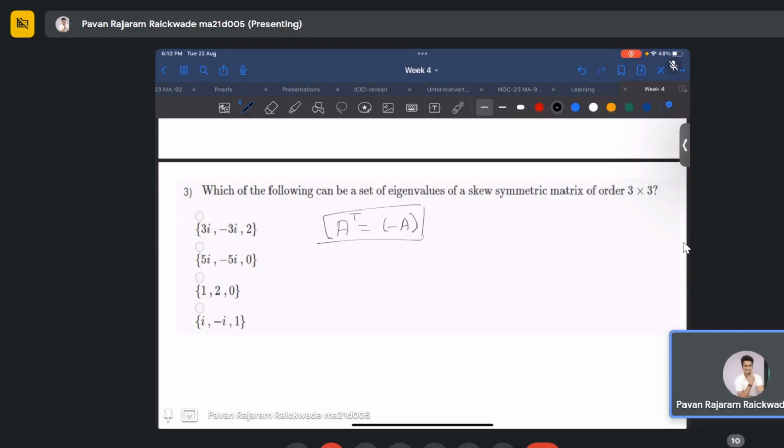You are saying option C. Why? Sir, because a skew symmetric matrix has eigenvalues that are purely imaginary or zero. Then C does not have purely imaginary eigenvalues. C has real eigenvalues, sir. You are saying a skew symmetric matrix has purely imaginary eigenvalues.